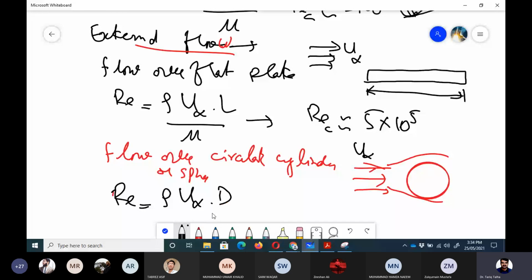And believe me, here the critical Reynolds number is around 2 lakh. So it all depends upon the type of flow we are talking about, right? Geometry and type of flow. So I hope that I have answered your query.